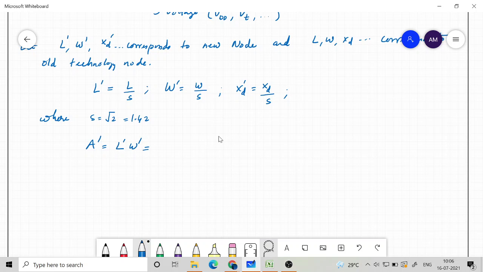So that is L by S into W by S, which is L into W by S squared. L into W I can write as A, the earlier area, divided by S squared, which is 2. So the area is halved.